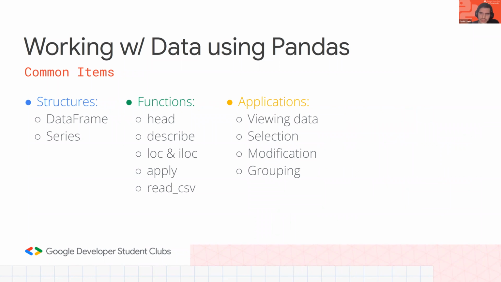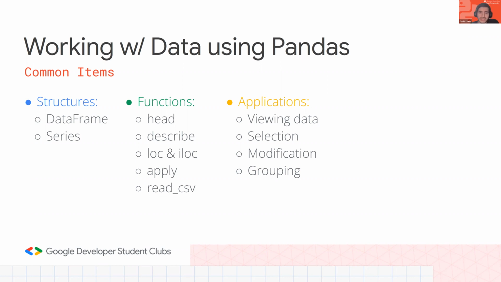So working with data using Pandas, I'll get to the notebook in a second, but let me first give an overview of what we're going to be doing. So there's two data structures. There's a data frame, which is the table that I showed before, and a series. And a series is the same thing as a data frame, but it's only one column, and that's the only difference.